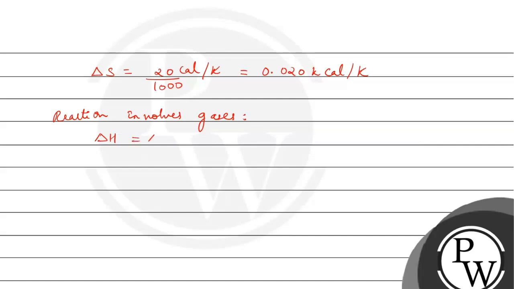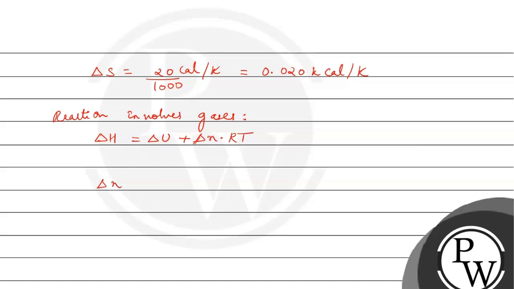Delta H is equal to delta U plus delta N into RT, where delta H is change in enthalpy, delta U is change in internal energy, delta N is change in number of moles, R is a gas constant, T is temperature in Kelvin. So, here first we'll calculate delta N for the given reaction.